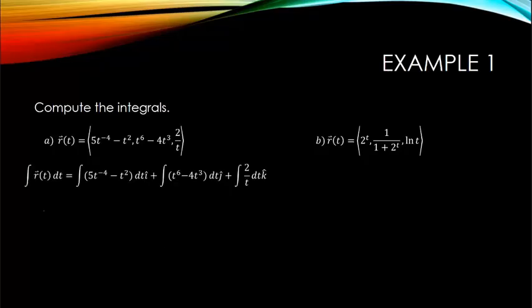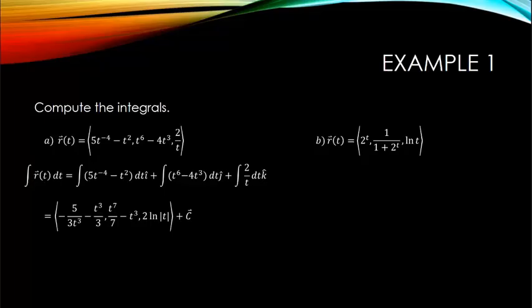I take the integral of the first vector, the indefinite integral of r of t dt is equal to the indefinite integral of the quantity 5t to the negative 4 minus t squared dt in the i hat direction, plus the indefinite integral of the quantity t to the 6th minus 4t cubed dt in the j hat direction, plus the indefinite integral of 2 over t dt in the k hat direction.